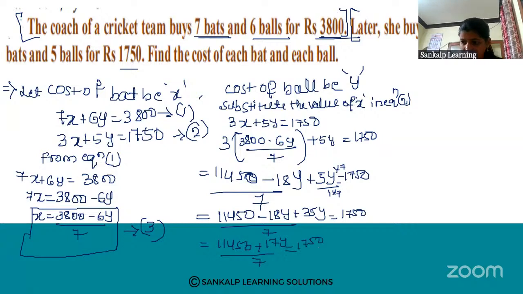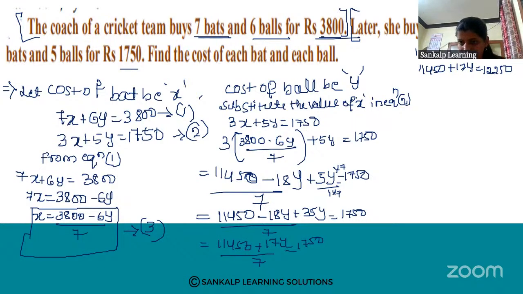Now transfer the 7 to this side. You will get 11450 plus 17y is equal to 1750 into 7. What will you get? 12250. Okay.